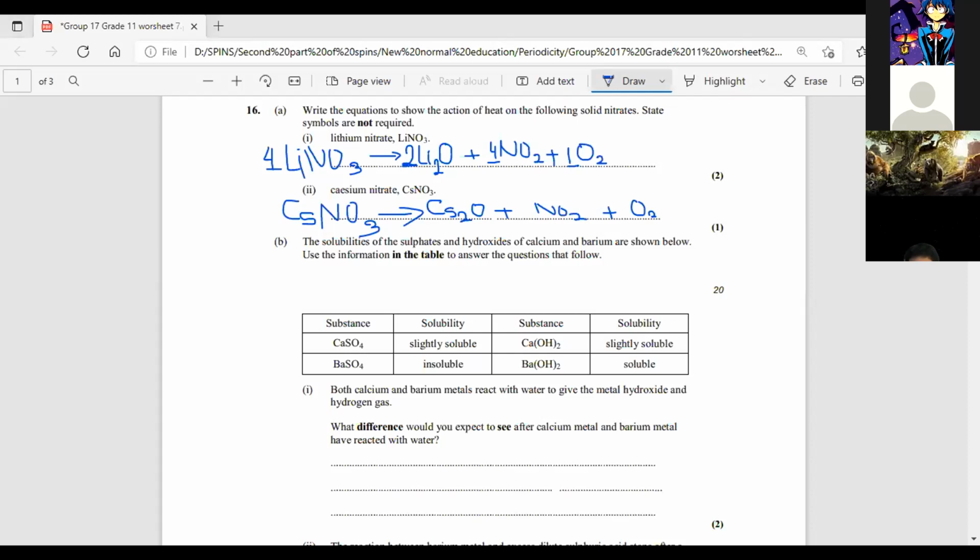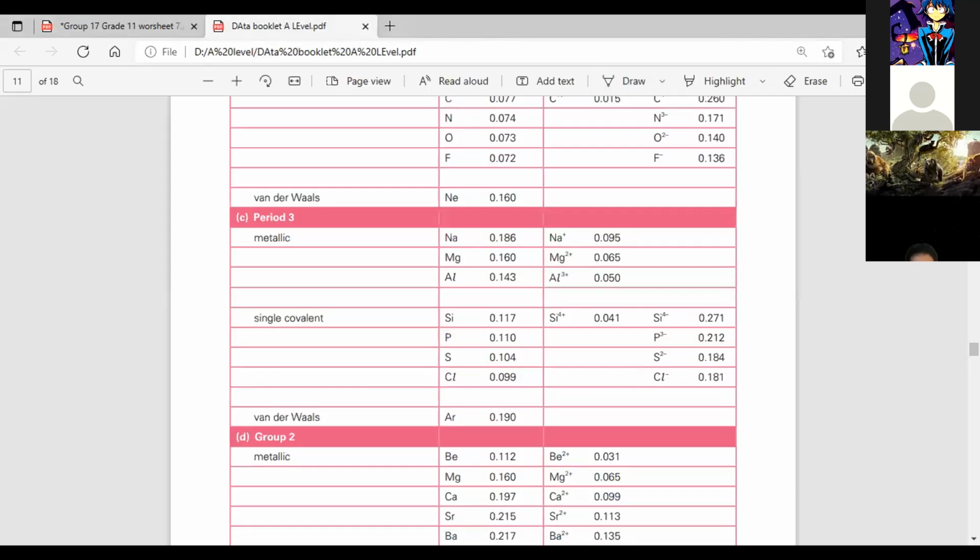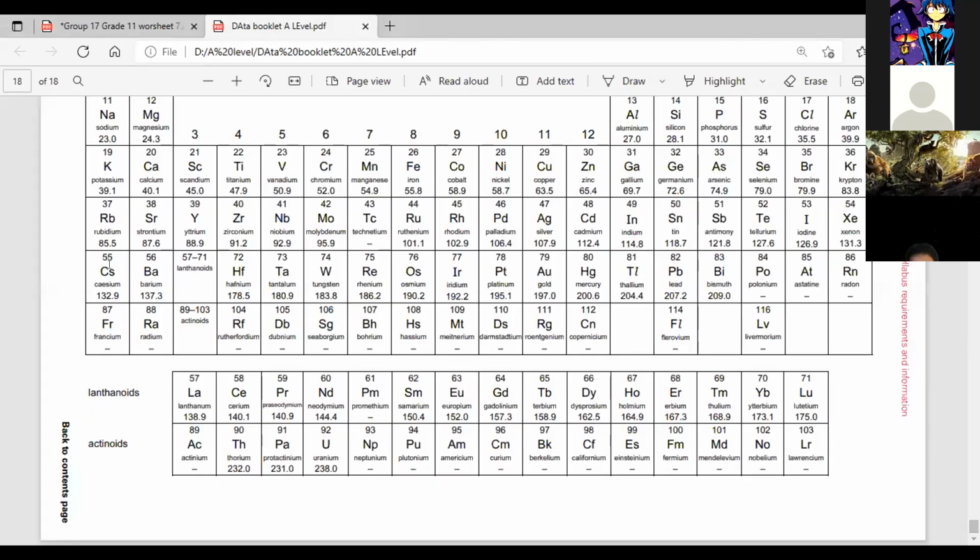In group 1, we have to refer to the data booklet. Cesium is very far down, lithium is up, so it means cesium is very reactive.